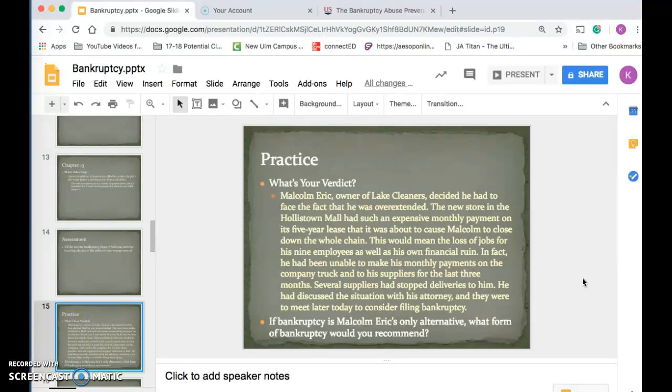In fact, he had been unable to make his monthly payments on the company truck and to his suppliers for the last 3 months. Several suppliers had stopped deliveries to him. He had discussed the situation with his attorney, and they were to meet later today to consider filing bankruptcy. If bankruptcy is Malcolm Eric's only alternative, what form of bankruptcy would you recommend?